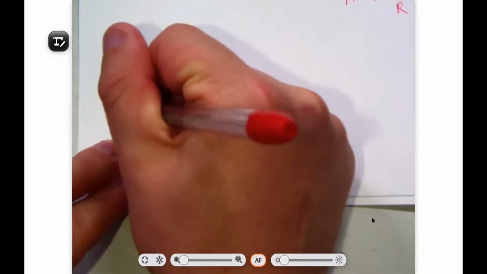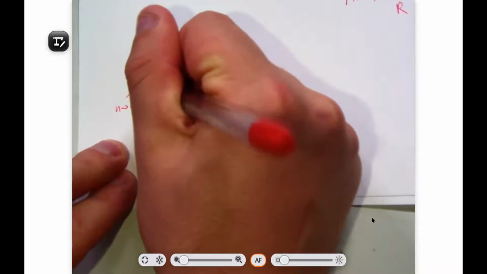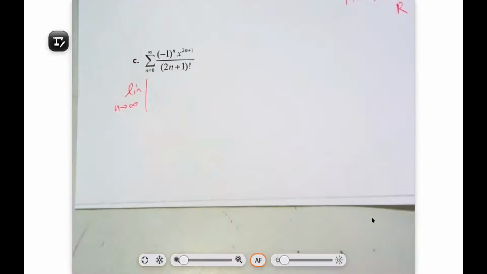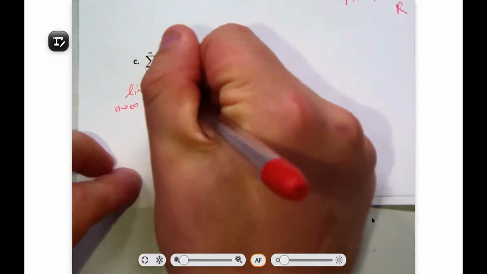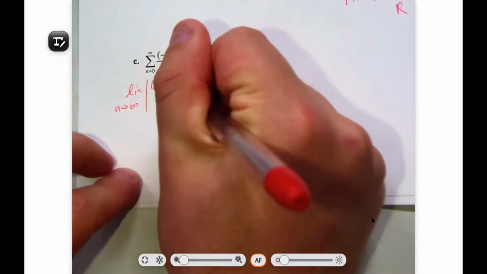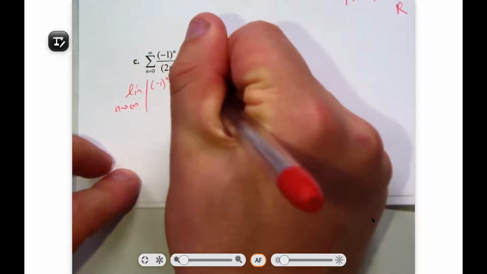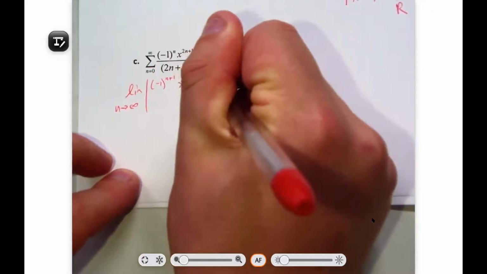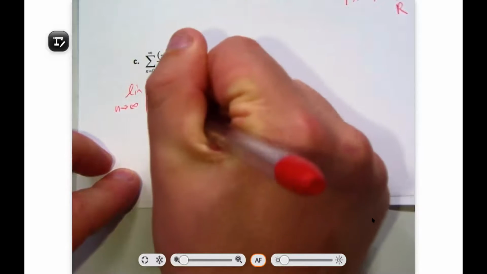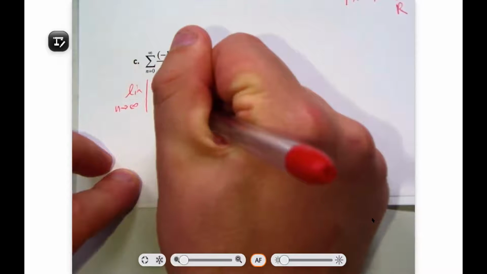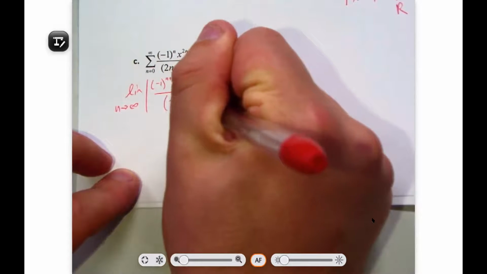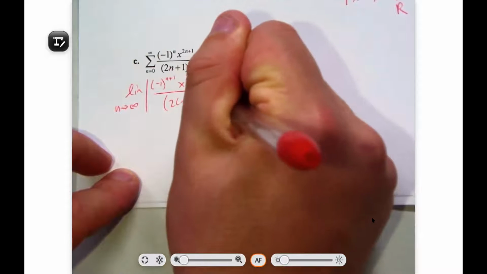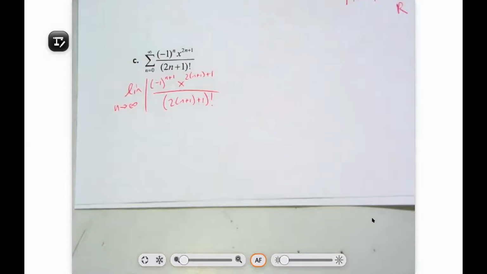Limit as n goes to infinity of the absolute value. We're going to plug n plus 1 in for all those n's. Be careful there. Notice where those n's are. We replace the n with n plus 1, but all the other stuff still stays there.